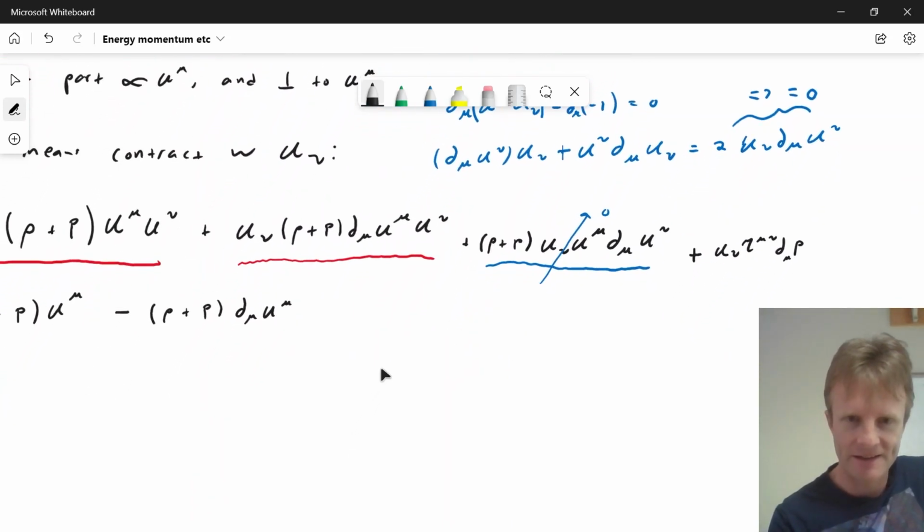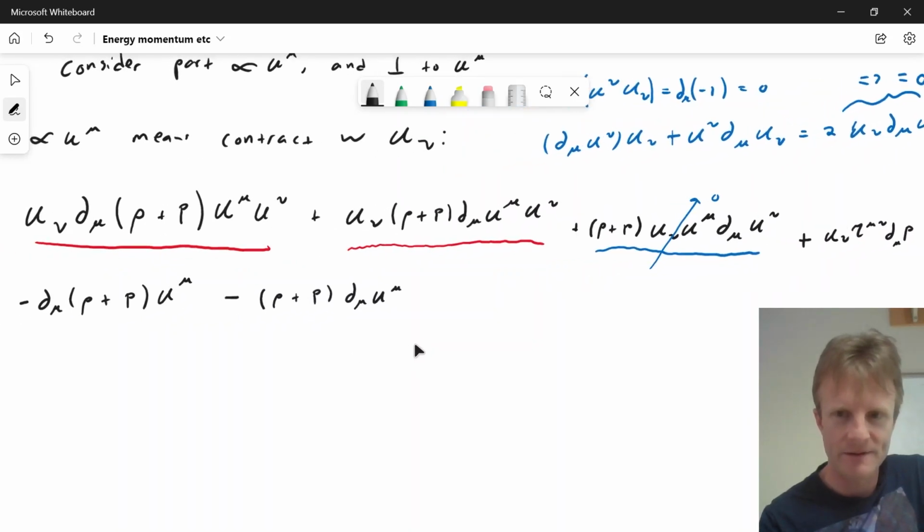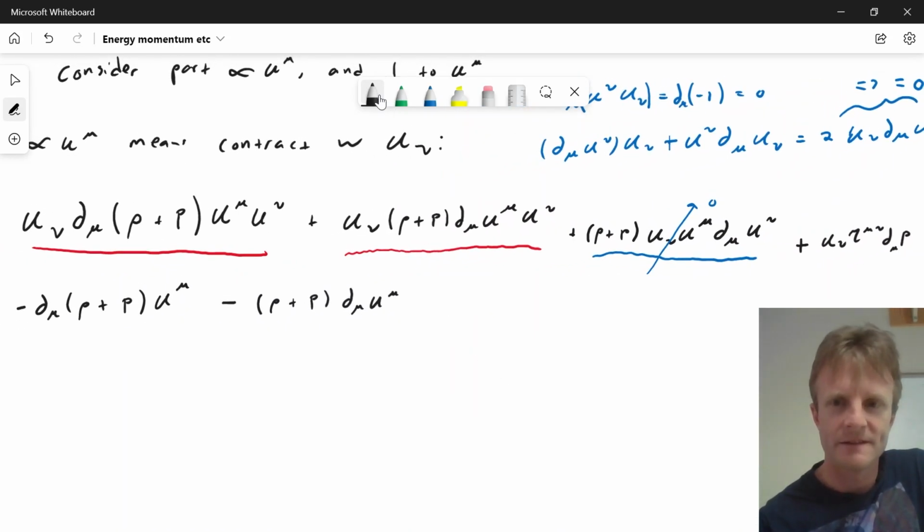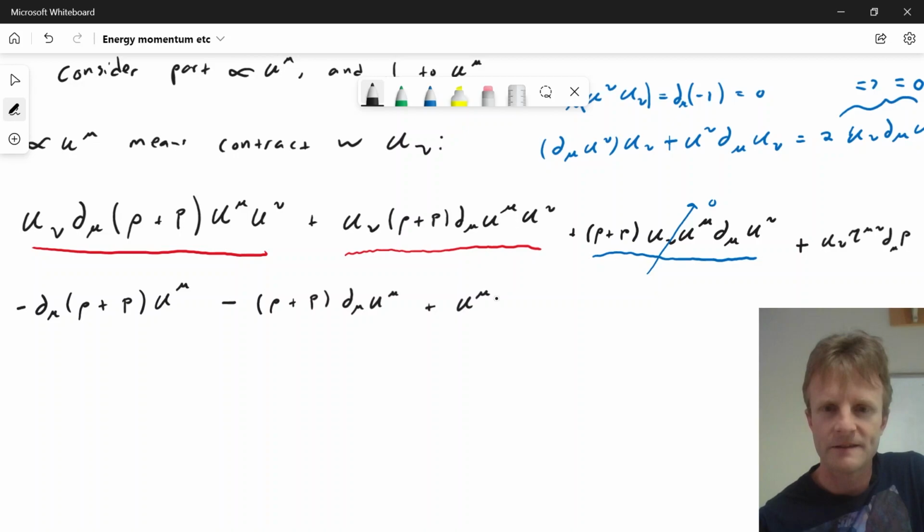We're getting there. I see where that's going. You see where it's going? Well, that one specific term, yes. Where's it going? It's going to become u^μ ∂_μ p, which will cancel out with the first term. Right.